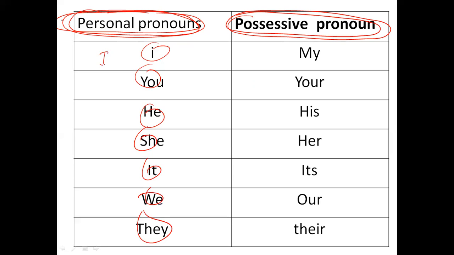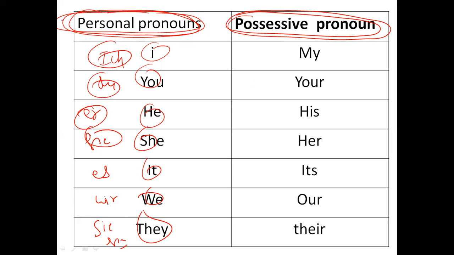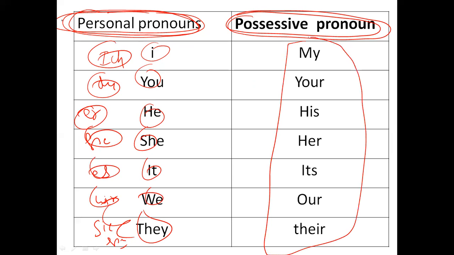That means ich, du, er, sie, es, wir, ihr, sie, right? All these are personal pronouns, and these are possessive pronouns. So why am I differentiating between these two? Because students get confused.